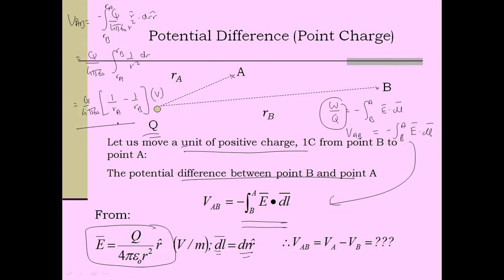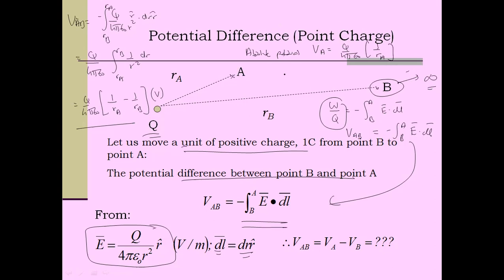From this definition of VAB, we can further obtain the absolute potential value, in which the point B is said to be located at infinity. So the equation can be written simply as VA equals Q over 4 pi epsilon naught times 1 over RA.